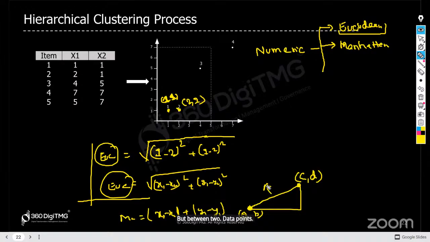But what if, instead of jumping directly, we go through point B? The distance will become AB plus BC. If I follow this kind of distance pattern, we call it Manhattan distance.